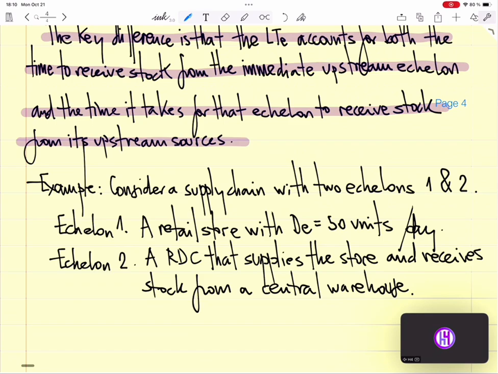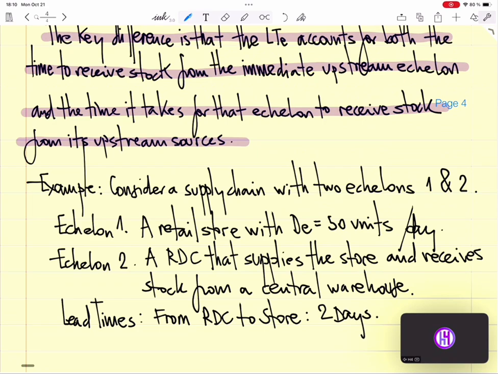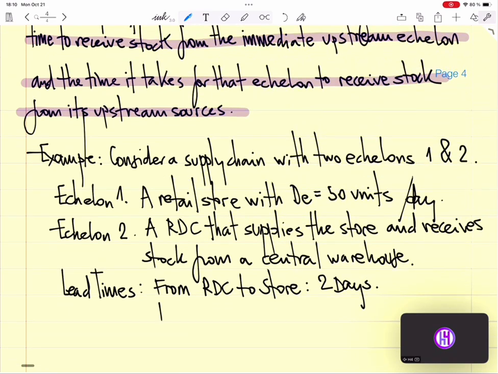Lead times are as follows. From our DC to store, 2 days. From central warehouse to RDC, 5 days.